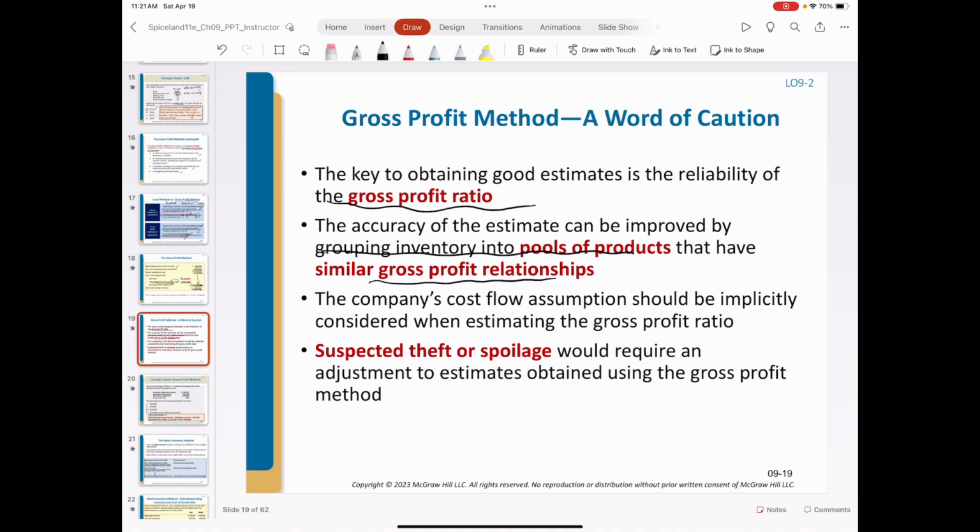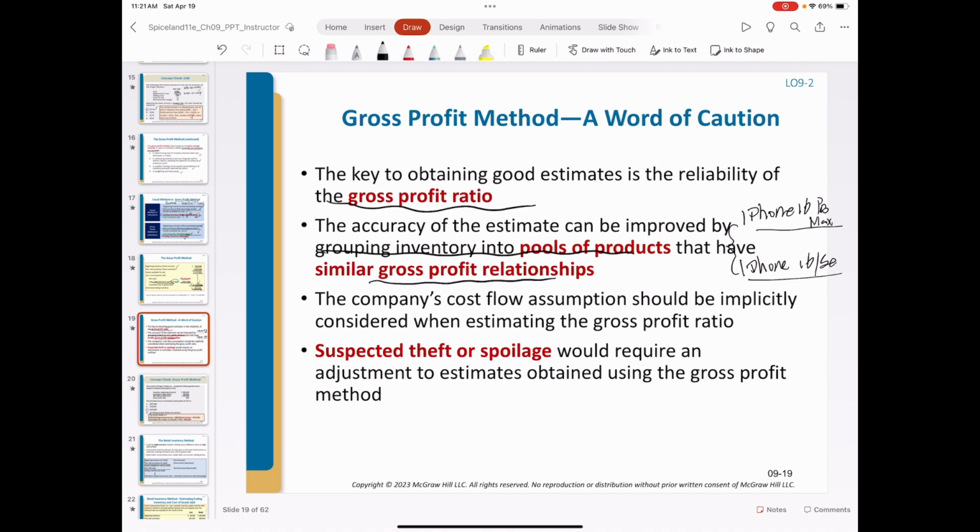We know for companies, they may have different products, and each product may have substantial difference in their gross margin. For example, iPhone 16 Pro Max, its profit margin should be greater than iPhone 16 or iPhone SE model.